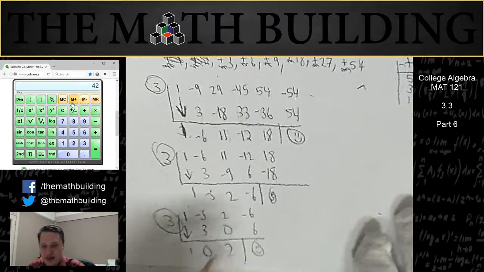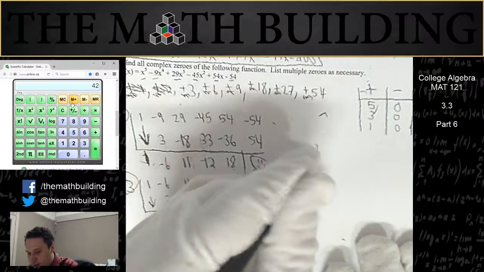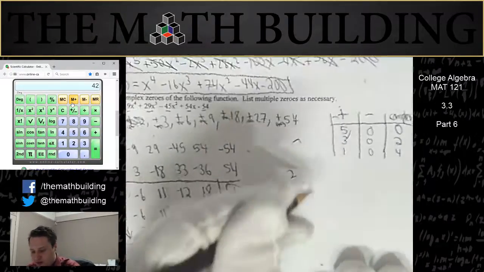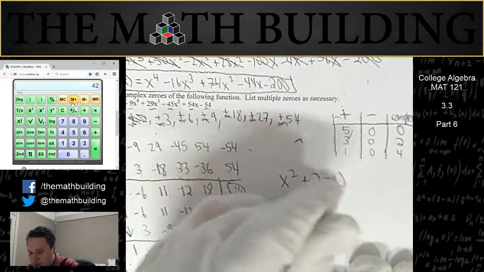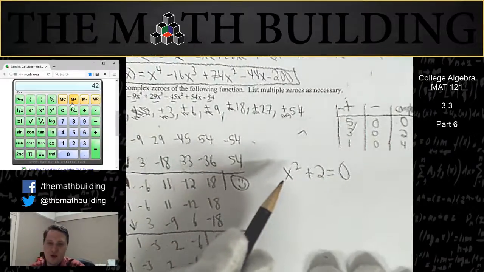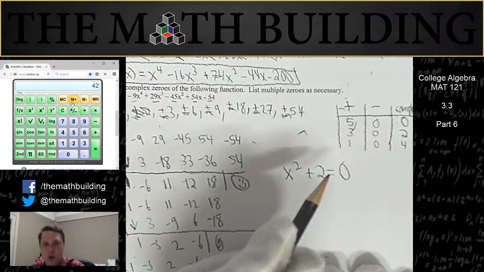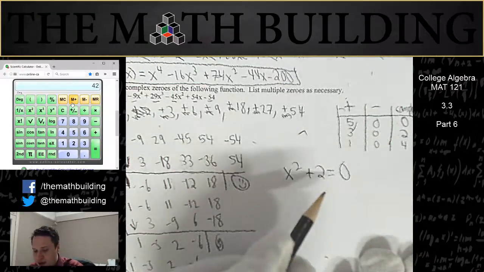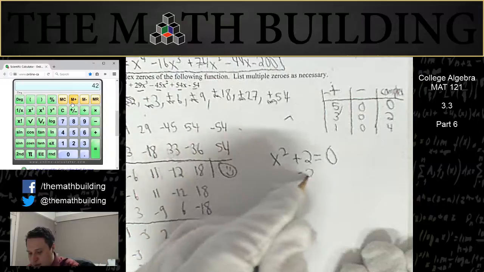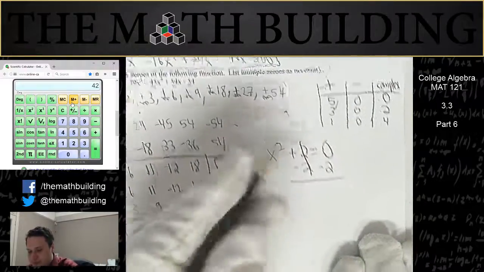And look what we have left. We have x squared plus 0x plus 2 is equal to 0. Remember, once you get to a quadratic, you can find the answers by solving it, by factoring, or by using the quadratic formula. So I can actually solve this just by subtracting 2 on both sides.